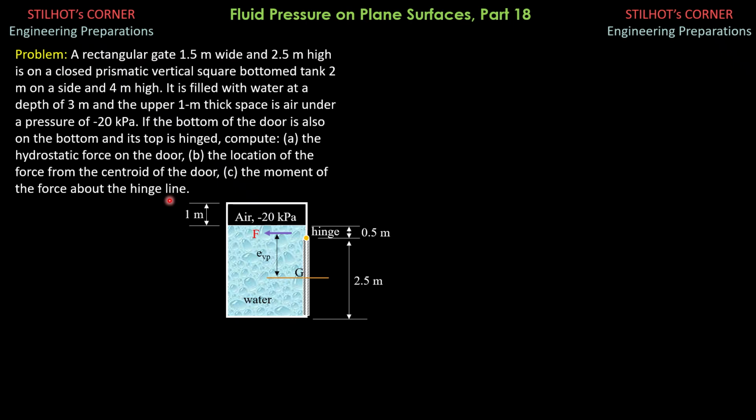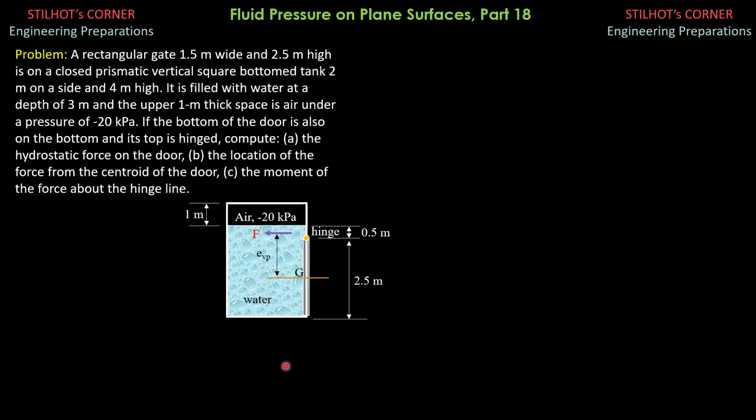The airspace, which is 1 meter, is subjected to a pressure of negative 20 kilopascals. The height of the closed tank is 4 meters. That's why this is 2.5 plus 0.5, 3 meters the depth of water, and an additional 1 meter, which is the airspace subjected to negative 20 kilopascals.